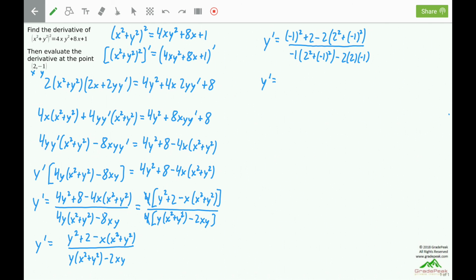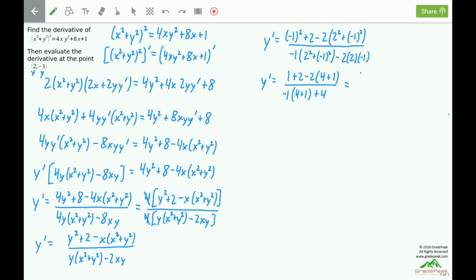So y prime will equal negative 1 squared is a 1, plus a 2, minus 2 times (2 squared is a 4, plus negative 1 squared, negative 1 times negative 1 is positive 1), all over negative 1 times (2 squared, again, is a 4, plus a negative 1 squared is a positive 1). And then we have a minus 2 times a 2, which is a minus 4, times a negative 1 is a positive 4.